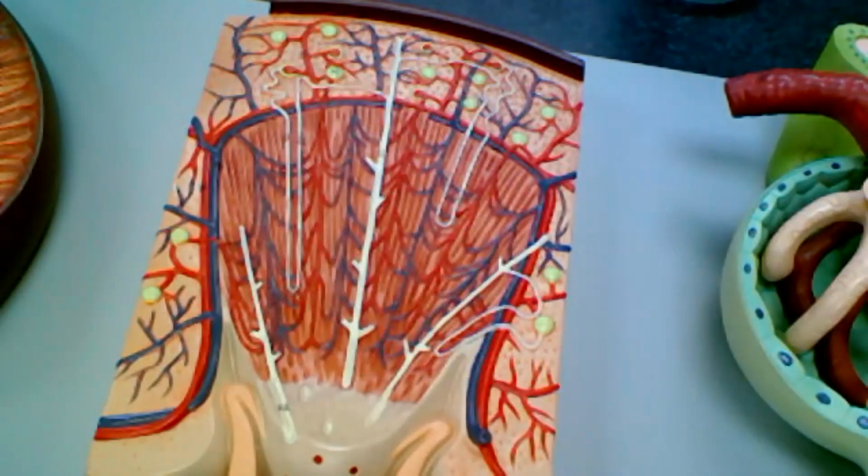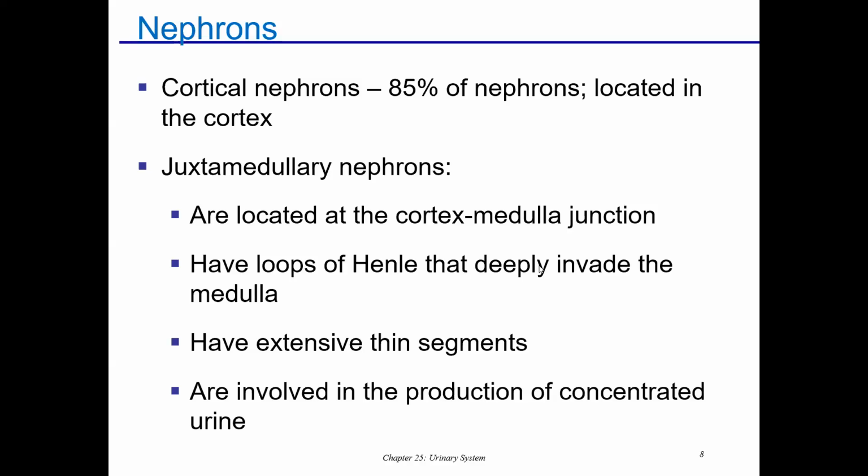Now, why do we do that? Well, most of the purpose of our nephrons is to filter. 85% of the filtration takes place in the cortex. We're going to get back our glucose and a lot of our water and a lot of our sodium and anything else we want to recover, the amino acids and the vitamins.